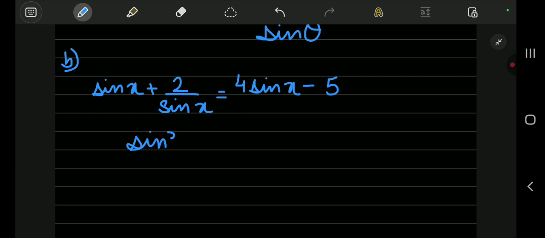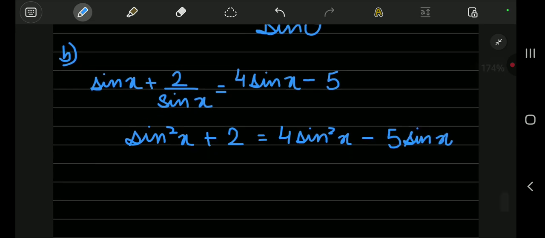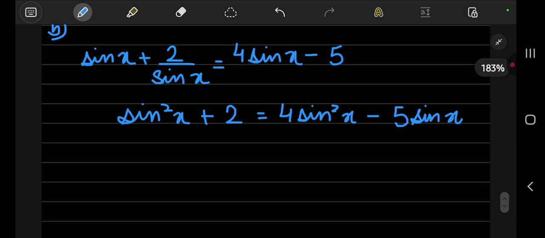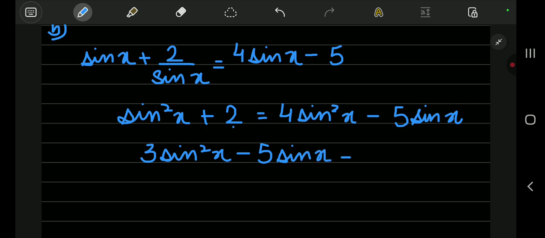We'll get sine square x plus 2 equals 4 sine square x minus 5 sine x. Then 4 sine square minus sine square gives you 3 sine square x minus 5 sine x minus 2 equals 0.